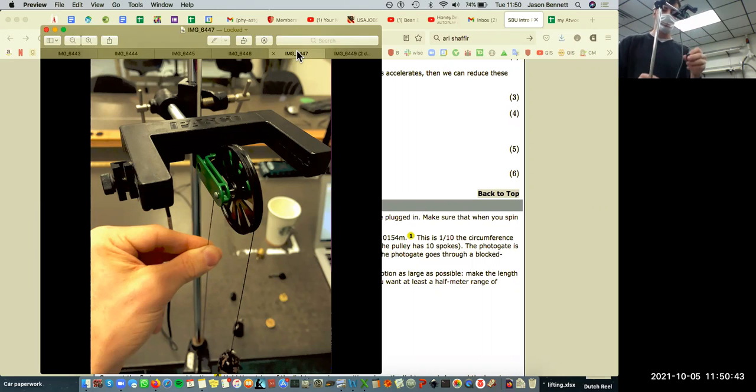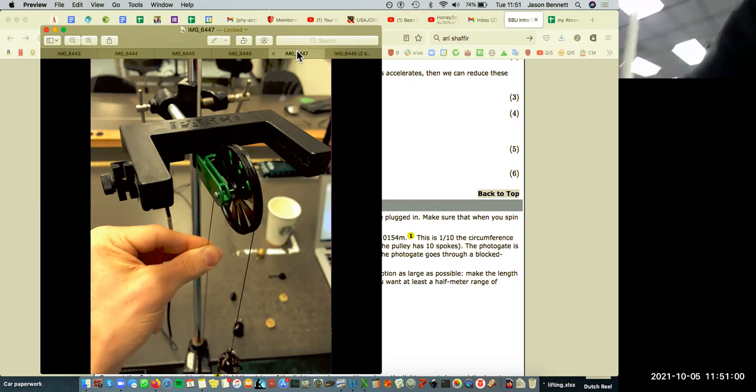So another thing you can do is put it on, and then put both of the masses on the desk. Hold them. Then I'll tilt this over here so you can see what Logger Pro does.